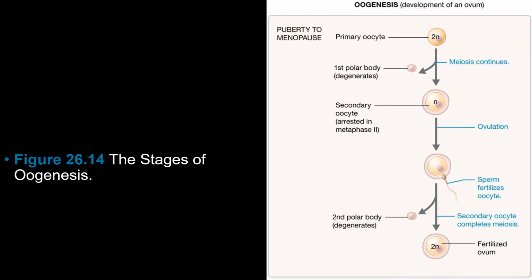And if it does get fertilized, then it will continue past metaphase 2, and it will become a true ovum, a fertilized ovum, after it sheds yet a second polar body to get to the proper number of chromosomes.